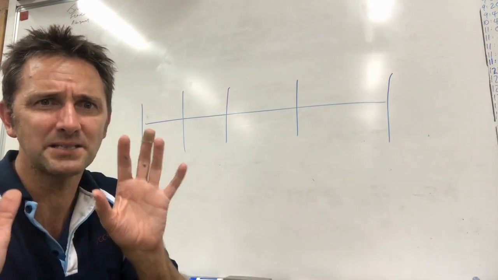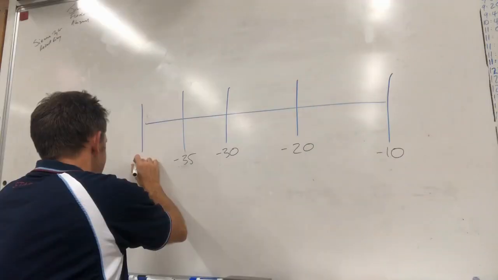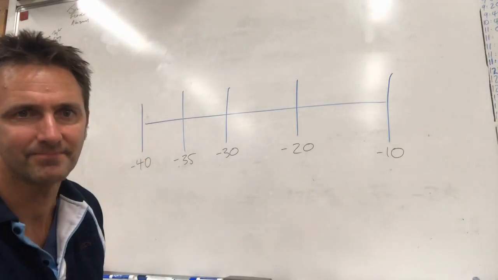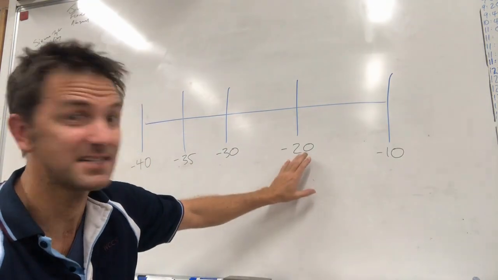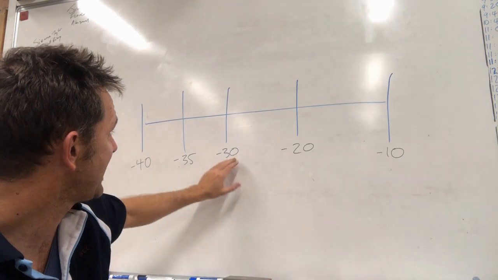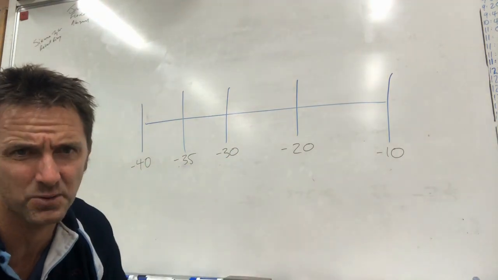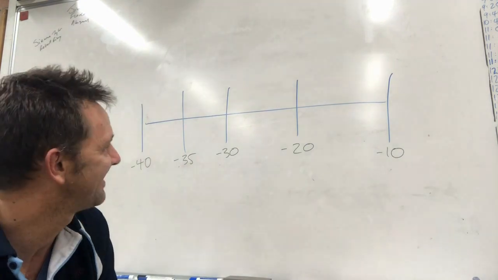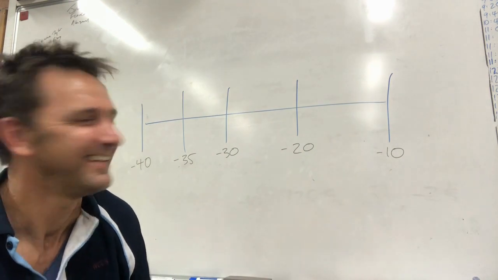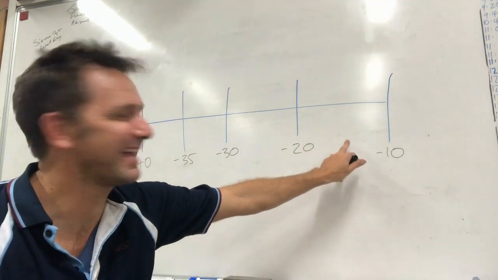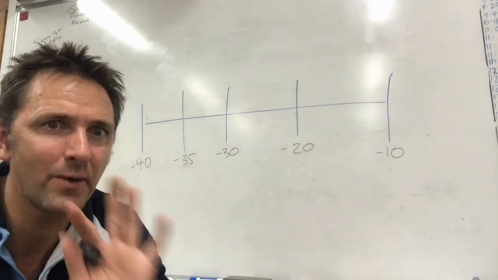Sometimes you'll see number lines like this. Look, this one's starting at -10. -10 goes to -20, goes to -30, goes to -35, goes to -40. Hang on, what about all the bits in between? Well, they're still there. There's still -11, -12, -13. They're just not necessarily marked down. You might get a question like this.